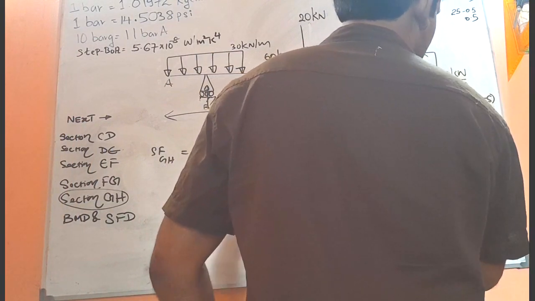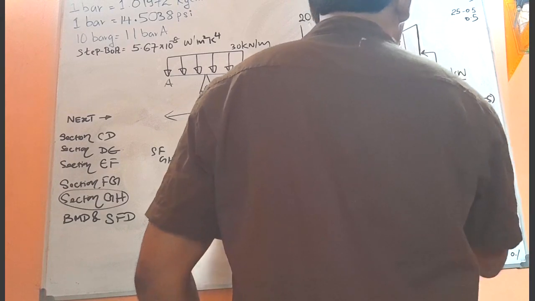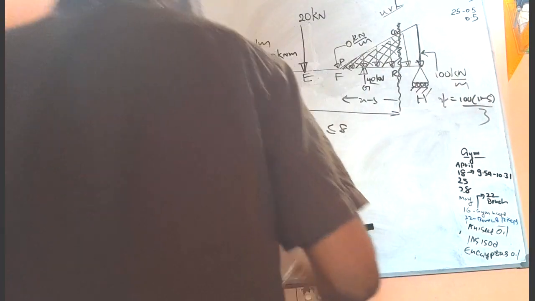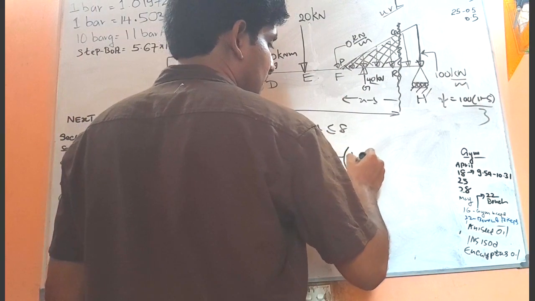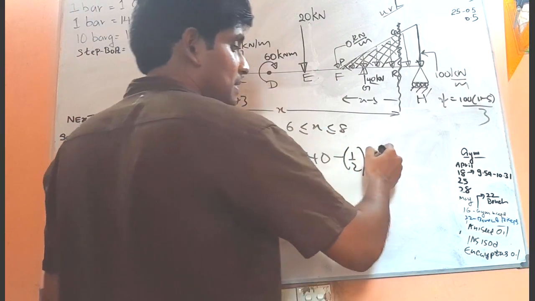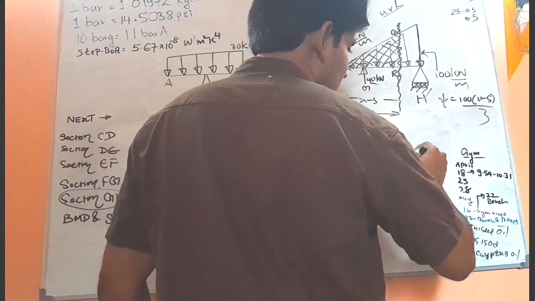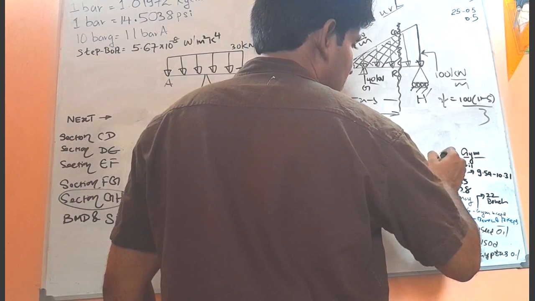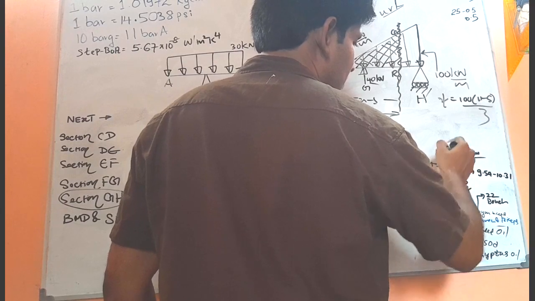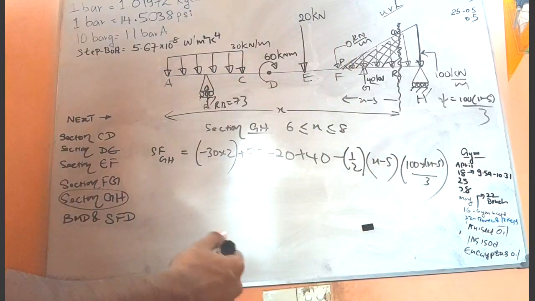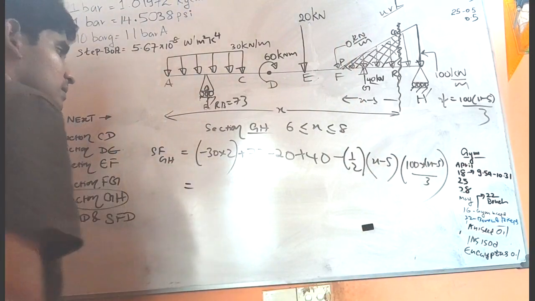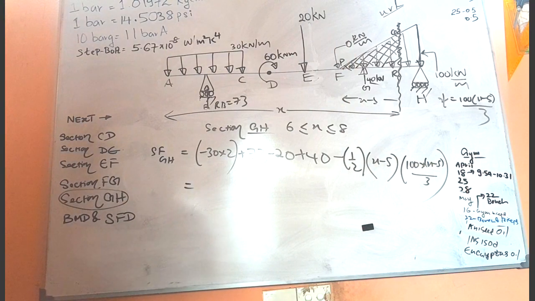Okay. Now, that will be minus half into base. What is the base? Base is X minus 5. Half into base into height. What is height? That is 100 into X minus 5 divided by 3. So now let's simplify.